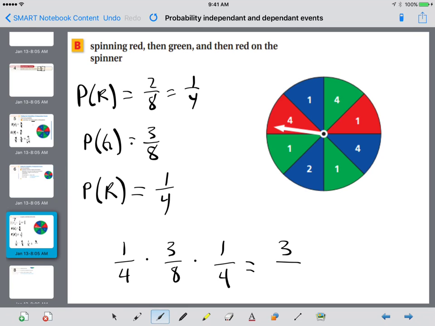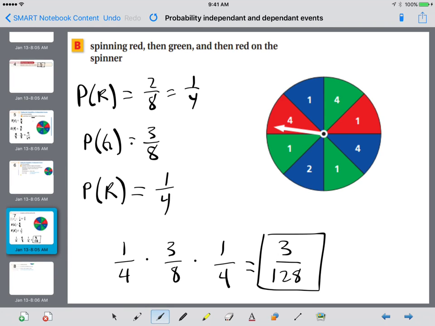We multiply across the bottom, we have 8 times 4, which is 32, times 4, 128. And we cannot reduce that. So the probability of this event happening would be 3 out of 128.